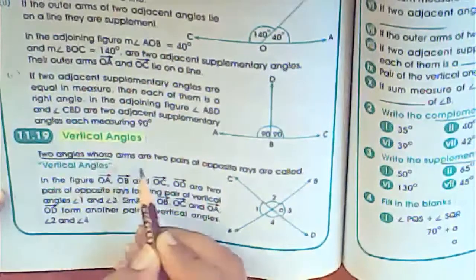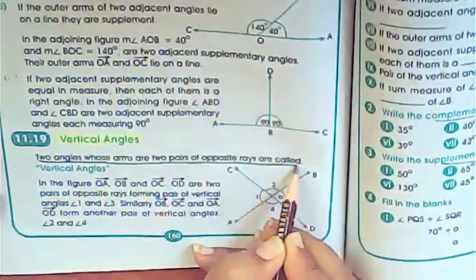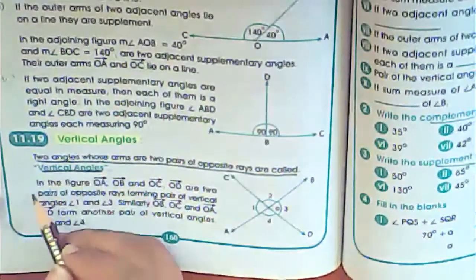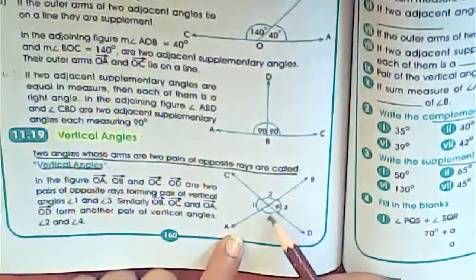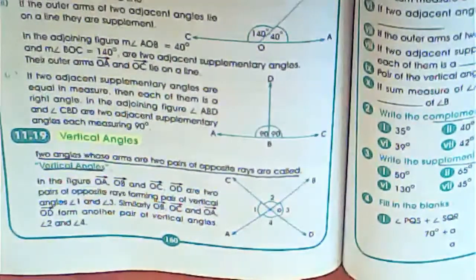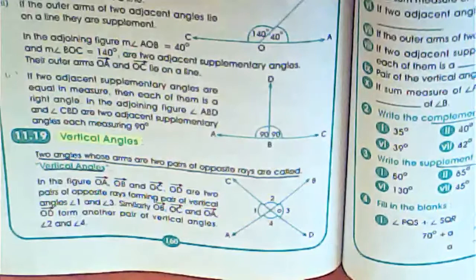Two angles whose arms are two pairs of opposite rays are called vertical angles. Everyone, please mark it.